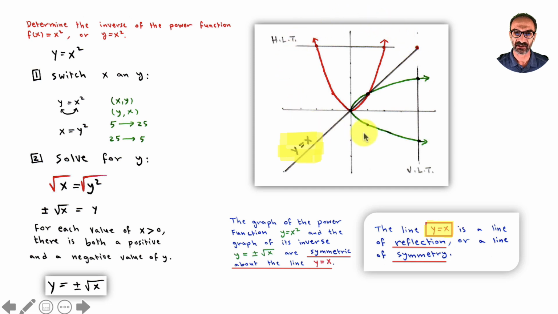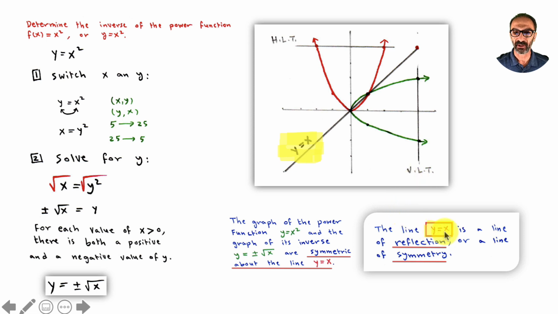If you have this as a paper and you want to fold the paper along y equals x, you could see that this point gets reflected here, this point gets reflected here, and so on. Even the horizontal line, what we call the horizontal line test, will be reflected right here and will be the vertical line test.